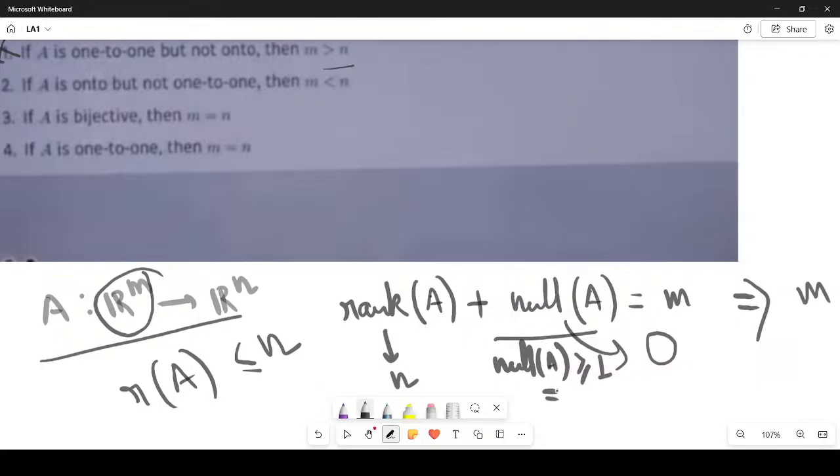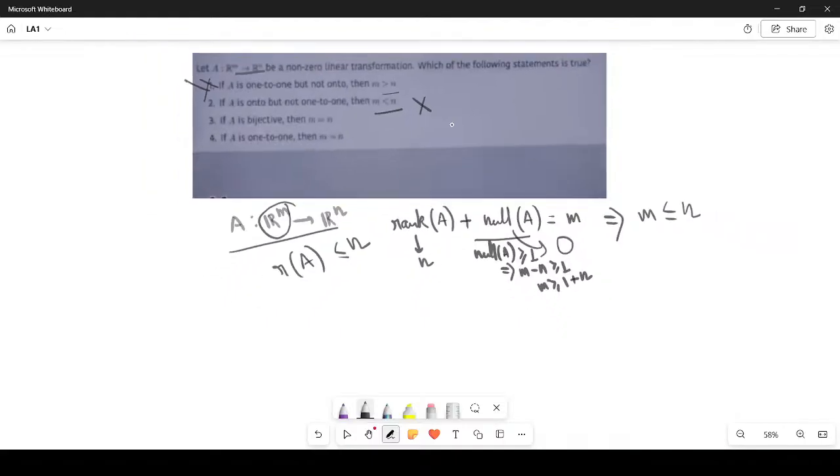So m minus n will be greater than or equal to 1, so I can write that m is greater than or equal to 1 plus n. But here it is saying that m is strictly less than n, so this option is also incorrect.